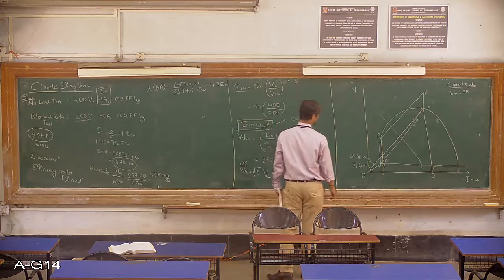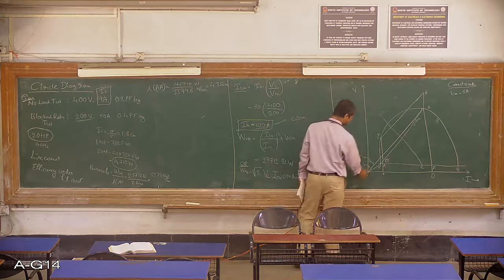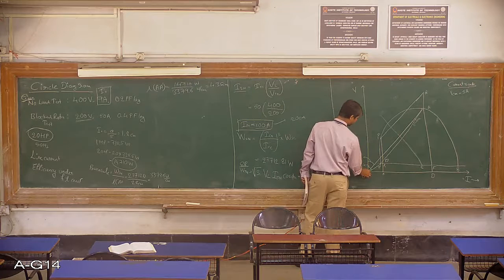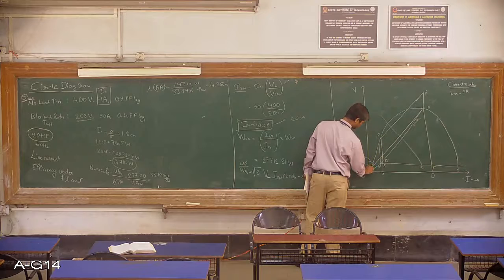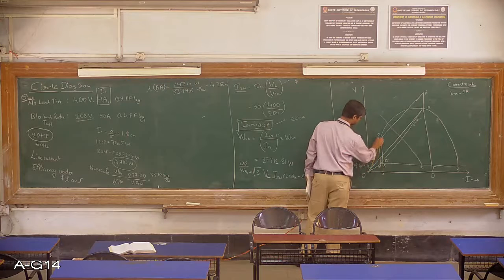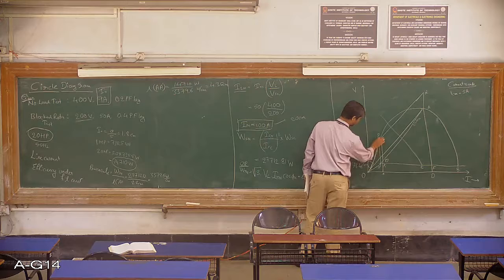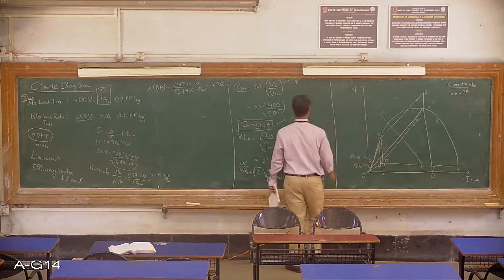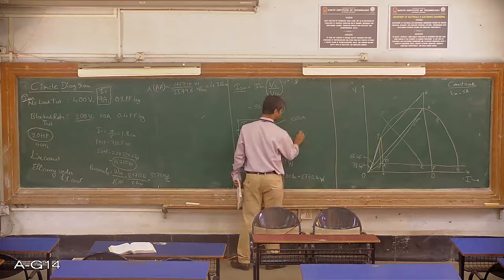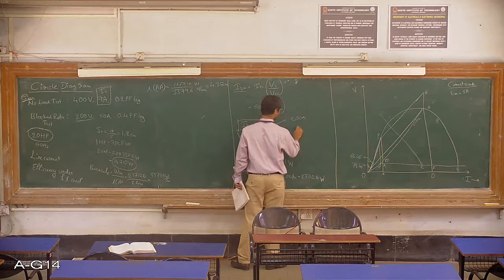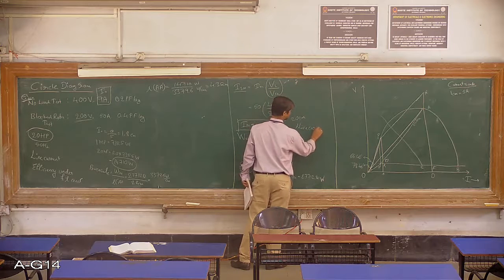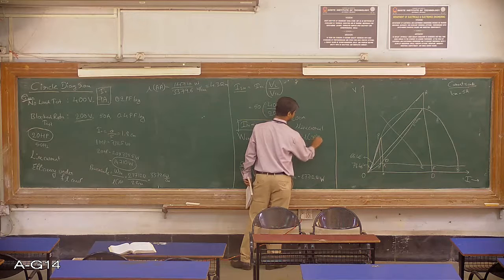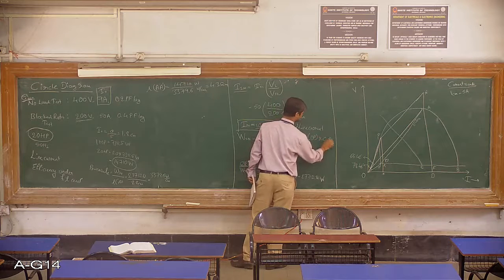Now they have asked us to calculate the line current and the efficiency under full load condition. The line current can be easily calculated just by drawing a line from point O to P. Draw a line from the point O to point P and measure the length of the OP. Now the first point to be calculated, that is line current, is equal to length of OP into current scale.